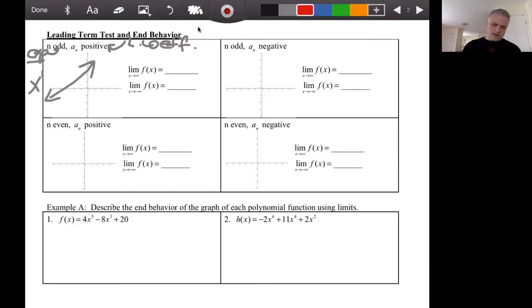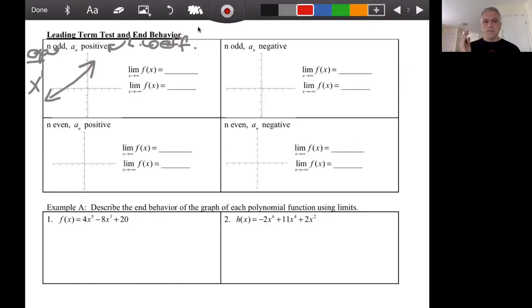As x approaches infinity, as we go to the right, as this graph goes further to the right, what does y do? And you can see that it's going up.